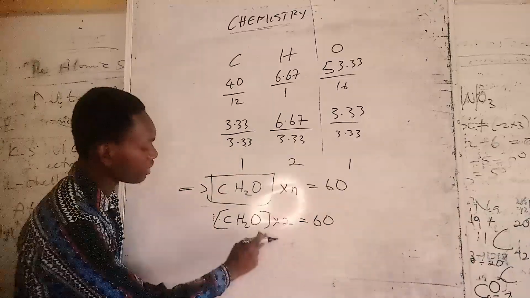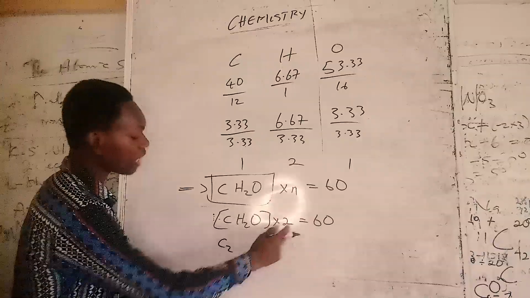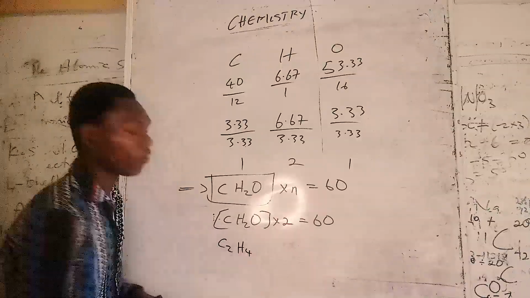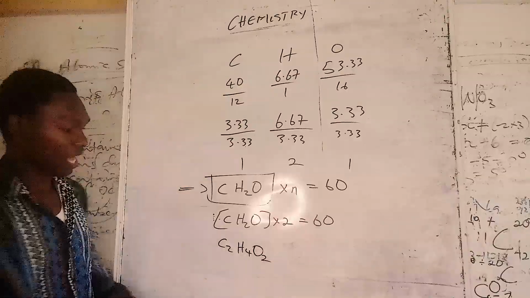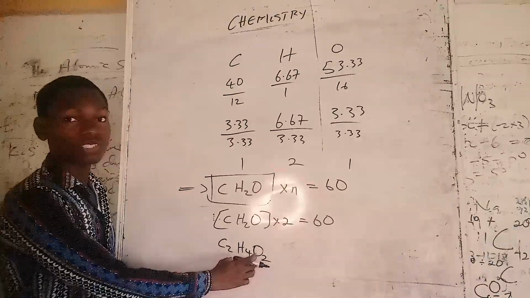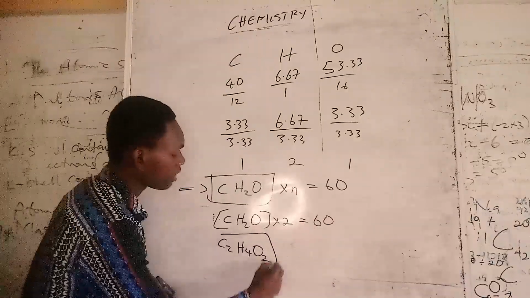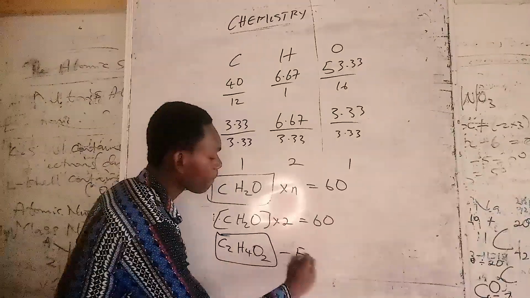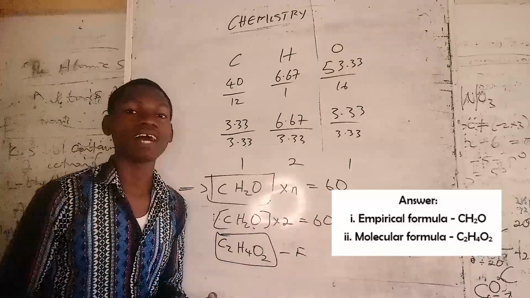So C times 2 gives us C2, H2 times 2 gives us H4, and oxygen times 2 gives us O2. If we calculate the molecular mass of this compound now, we'll get 60. So this is the molecular formula, and this is the empirical formula.